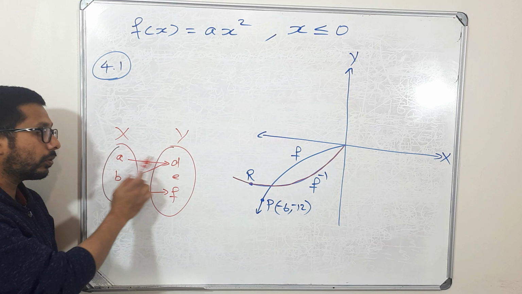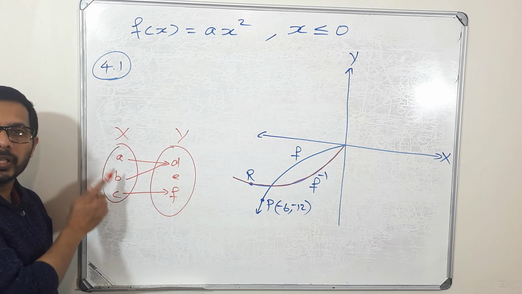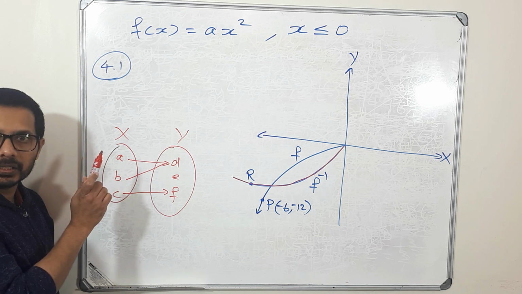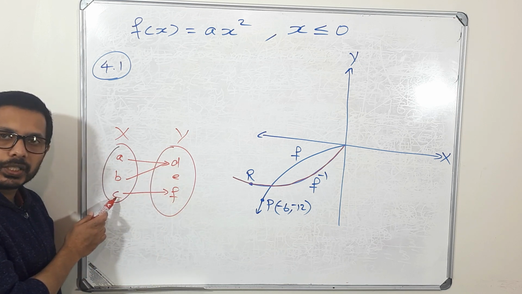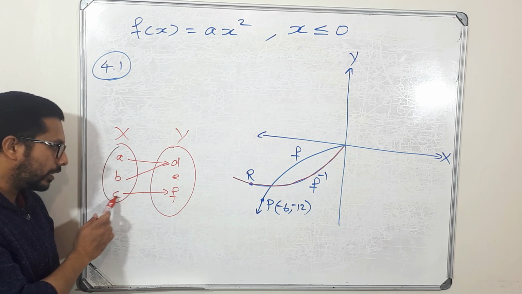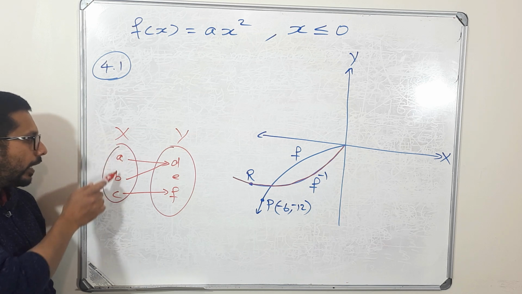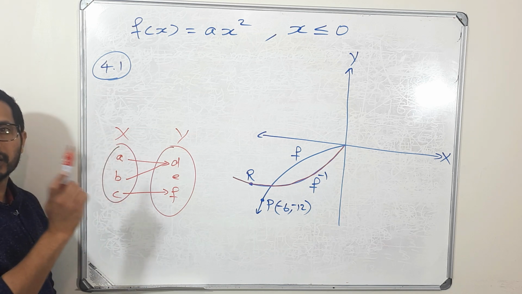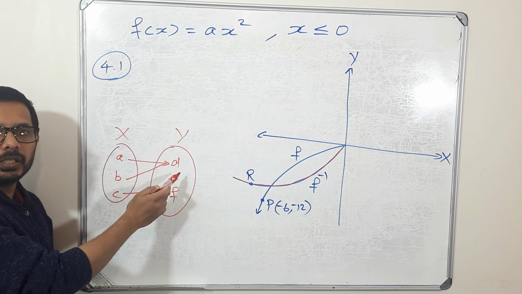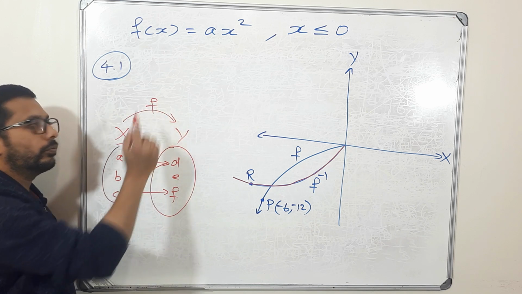Even though a is also related to d, it doesn't matter; for this b, how many relations? Only one relation, that is with this d. Okay, then c, how many relations? Only one relation, that c is related to f. So it means that for every x value, all the x values, only one relation in y value, then that type of relation is known as a function.